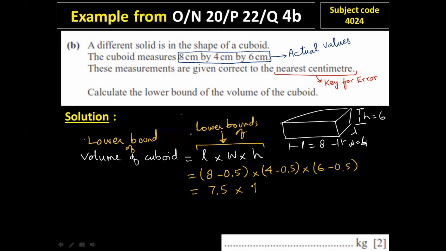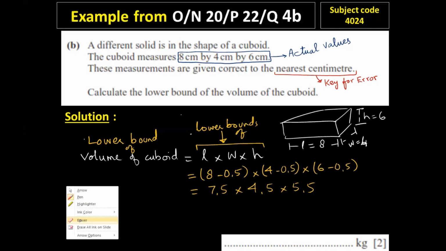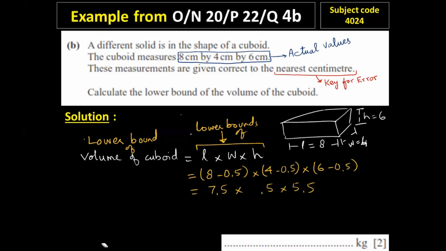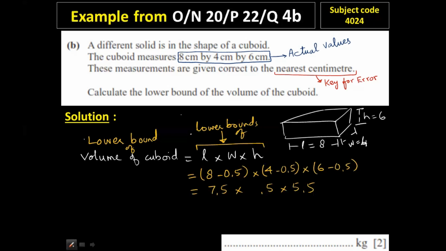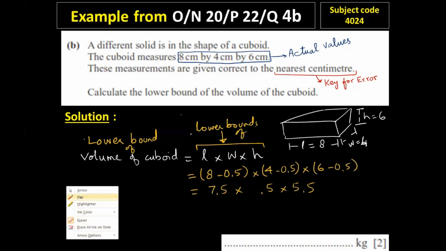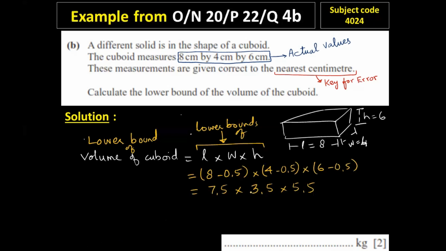So 7.5 times 3.5 times 5.5, you can use calculator.